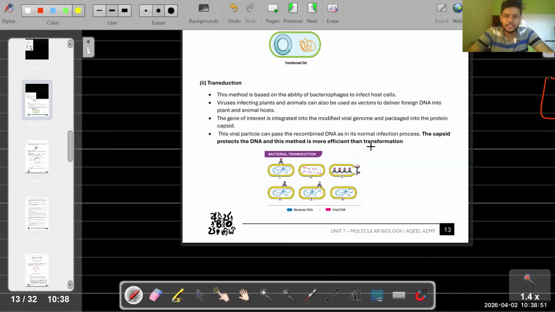Can you understand this complete transduction process? If it's clear, just drop a message clear.